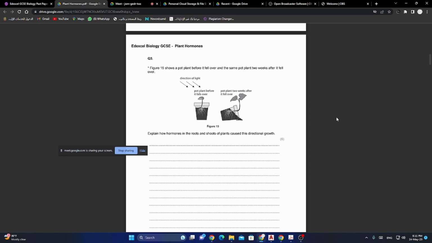Tip of the shoot, right? Okay. And then what else happens? What else happens in this case?